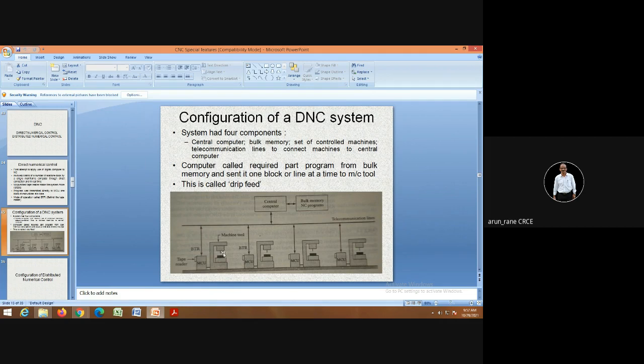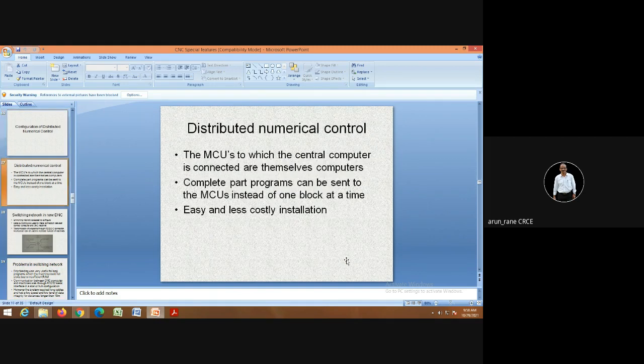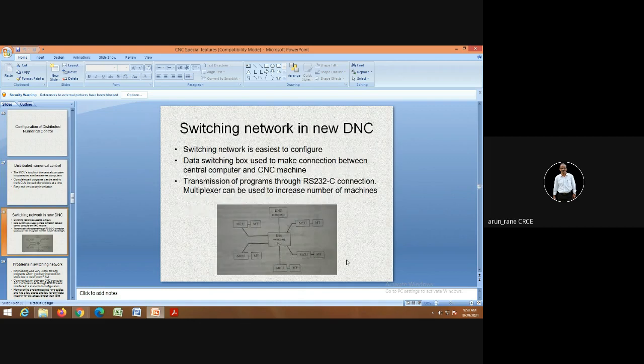So these are all networked with the central computer. You don't even need 10 operators. 2, 3 operators can control 10 machines. So there is a reduction in cost. This is what is called distributed numerical control.